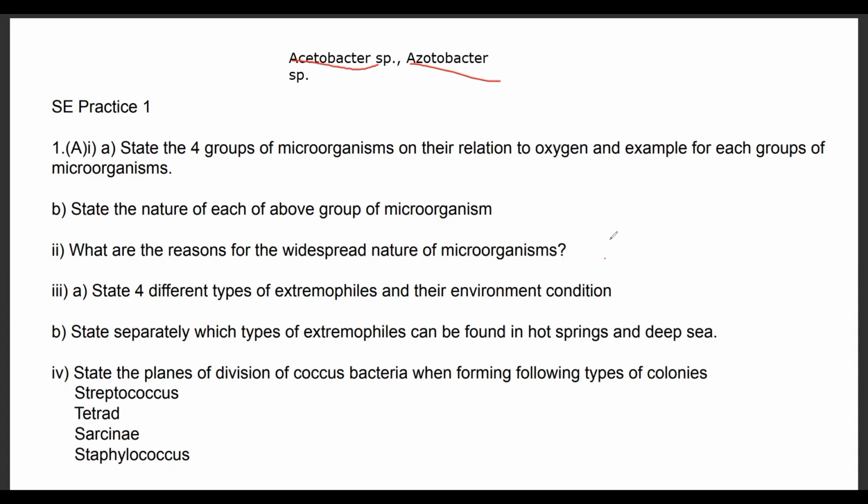Obligate aerobes 1 mark. You have to write down require oxygen for survival and generate energy by oxidative phosphorylation. If you have written both characteristics, give 1 mark. Then obligate anaerobe cannot survive in the presence of O2, produce energy by fermentation, 1 mark.